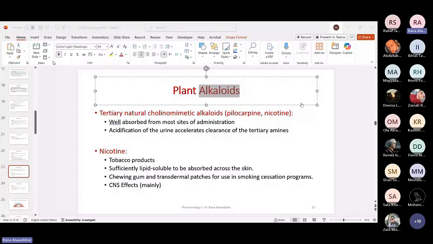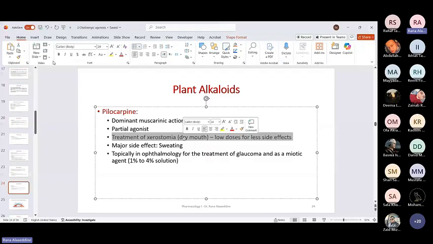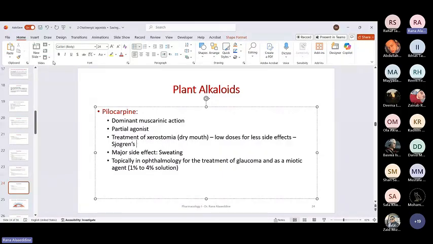What did we say about those drugs? They cause more secretions. So this is part of a syndrome, you guys. There's a genetic syndrome that's called Sjogren's syndrome. I'm gonna write it down. Sjogren's syndrome is one of the diseases that might cause dry mouth, dry secretions, xerostomia. So we give this drug to enhance more secretions in the mouth.